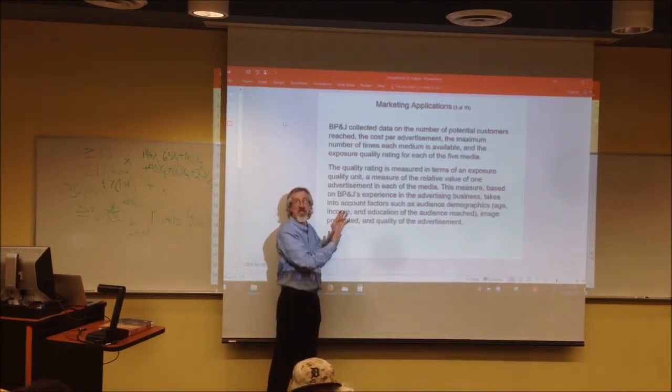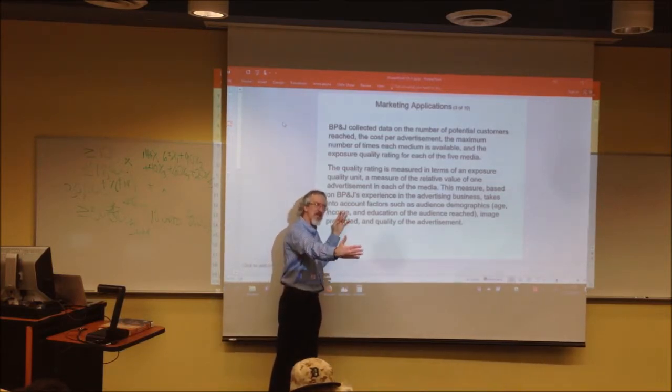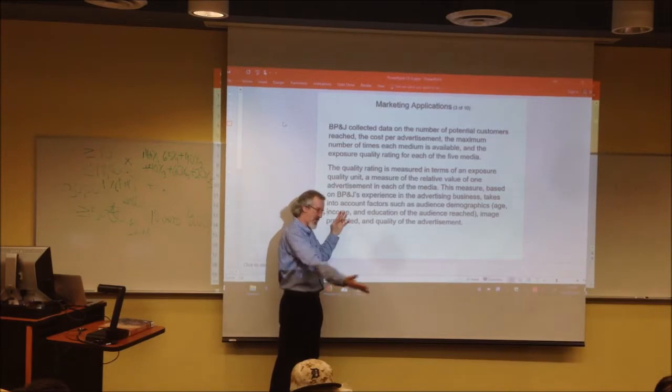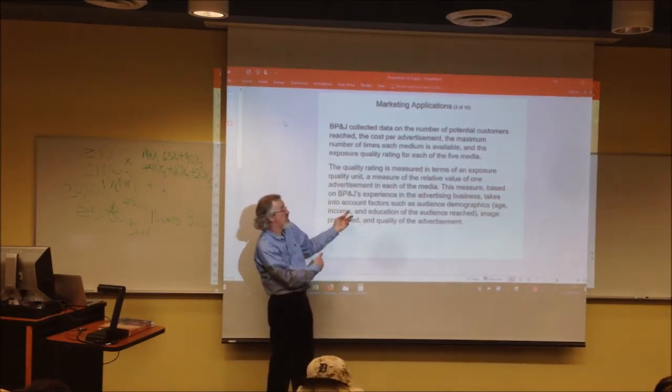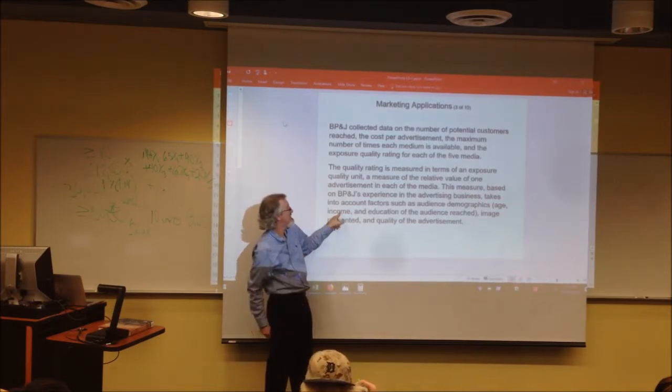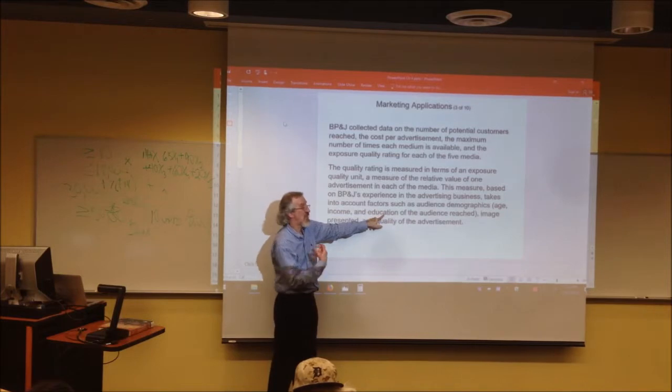Remember at the beginning it said they want to reach upper middle class income level people because of the cost of these lots to build houses on. So the advertising firm, when giving that quality index, takes into consideration that we're reaching the audience the customer wanted, and their education level.